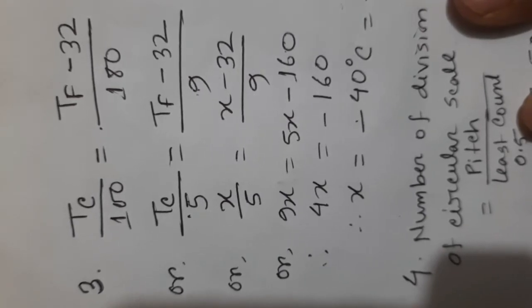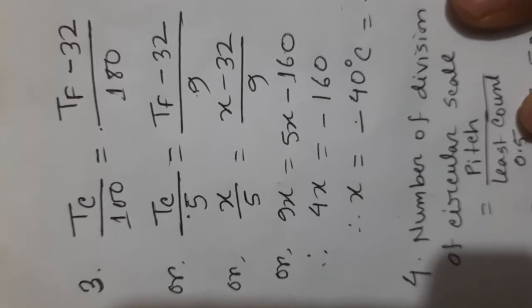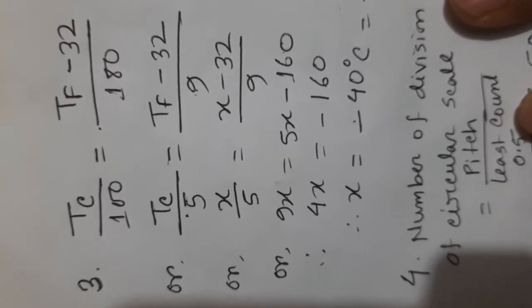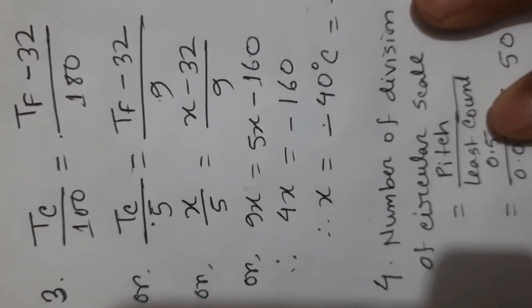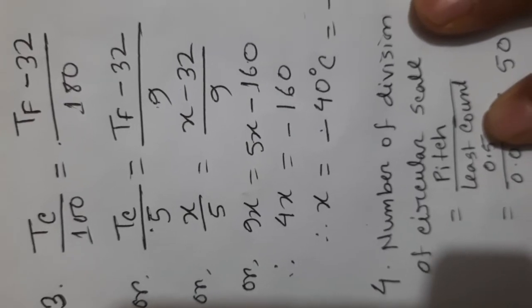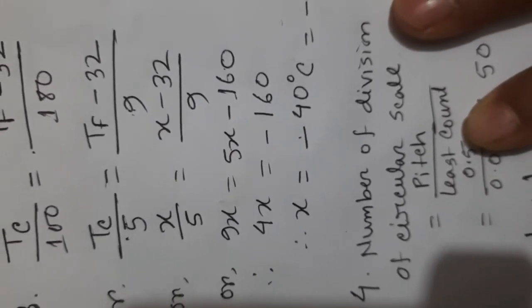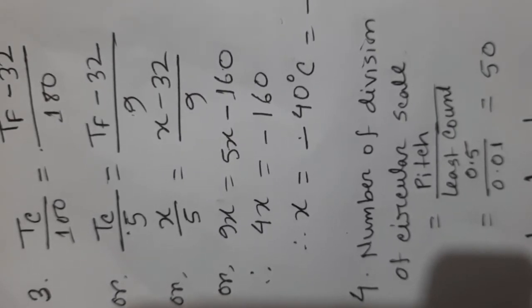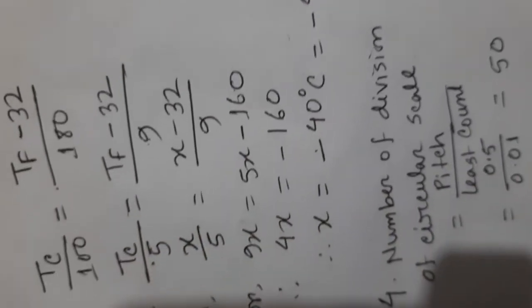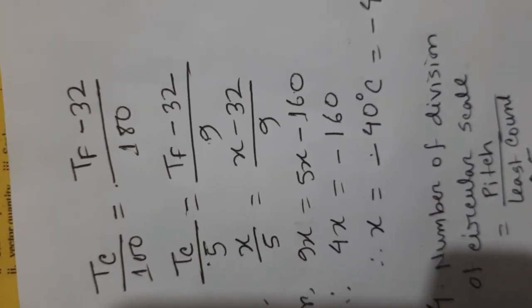This is the relation between the Celsius scale and Fahrenheit scale. So here Tc equals Tf equals x, and after calculating we get x equal to minus 40 degrees Celsius, or we can write minus 40 degree Fahrenheit. So our answer is minus 40 degree Celsius.